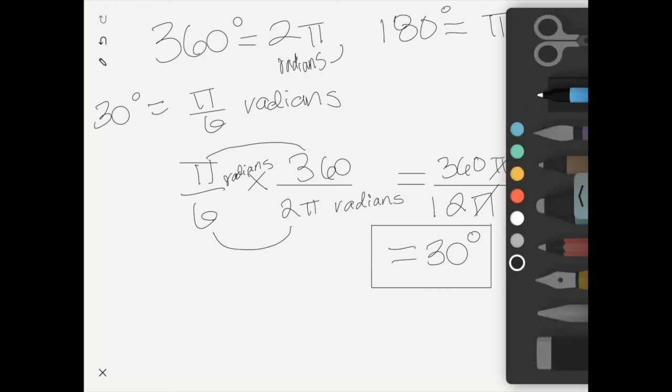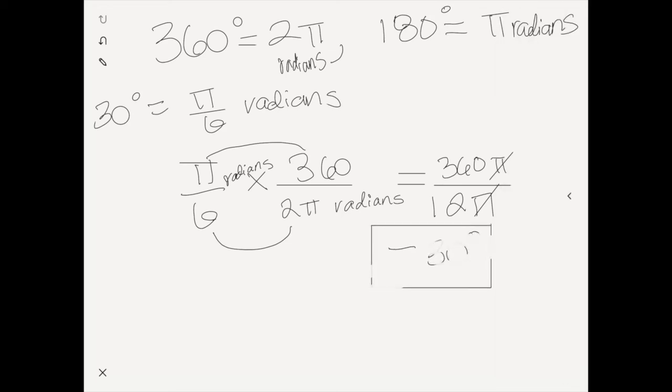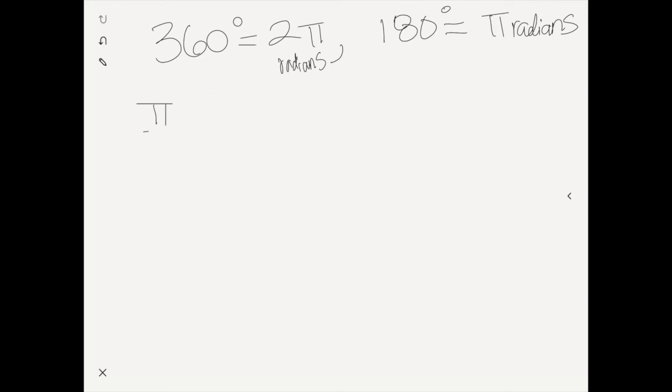Let's try to convert again. So let's say we have pi over 3. Let us try to convert pi over 3 radians to degrees. So pi over 3 radians. Remember, this time radians goes on the bottom. So we have 360 degrees over 2 pi radians.